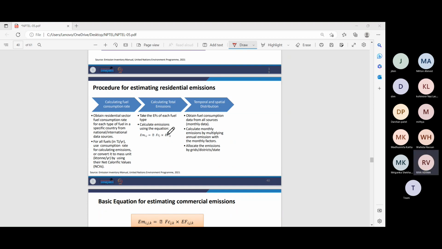This is your basic procedure for estimating residential emissions. So first, you calculate the fuel consumption rate. So how do we calculate this fuel consumption rate for each type of fuel in a specific country?